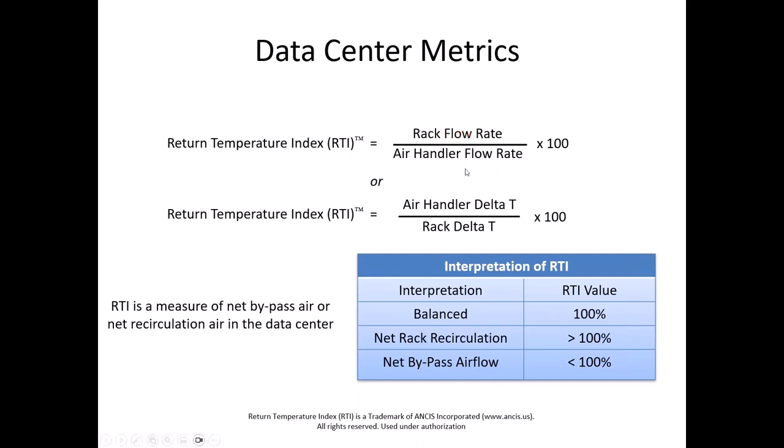And what happens is you get recirculation, and less than 100% is you're supplying too much of this in the denominator, and you're getting bypass airflow. The air's got to go somewhere. One of the things my users always forget: conservation of mass. It goes somewhere. The air has to go somewhere. It can't just stop. So just a note about that.